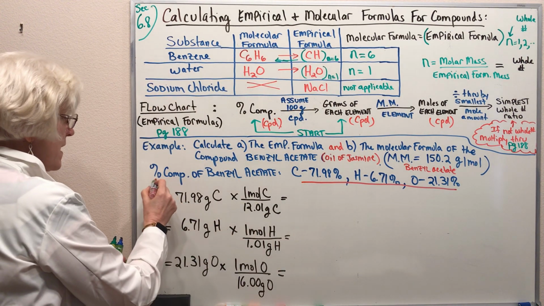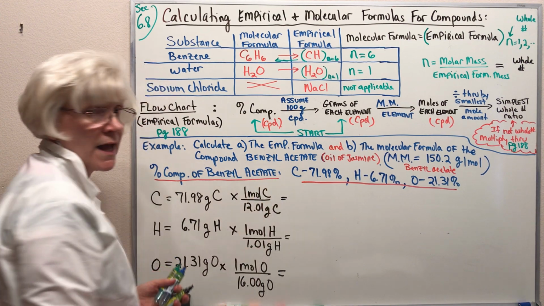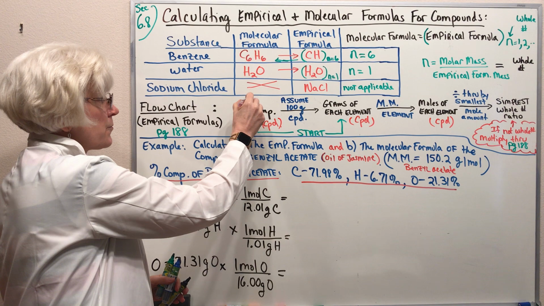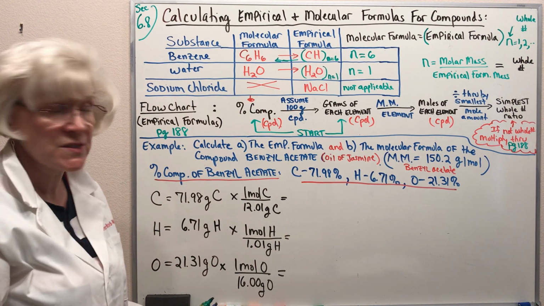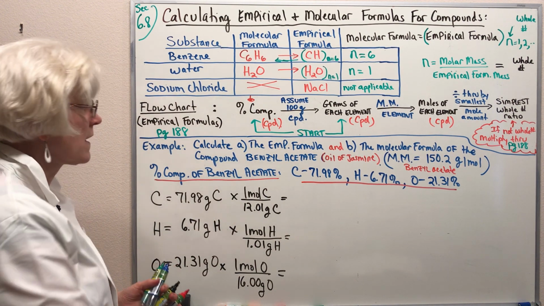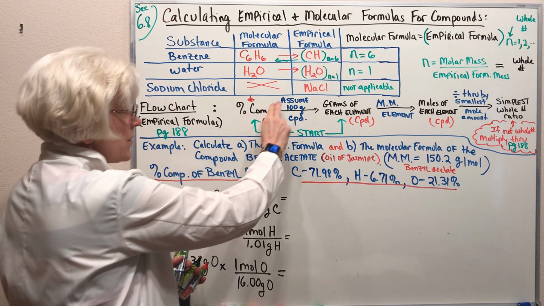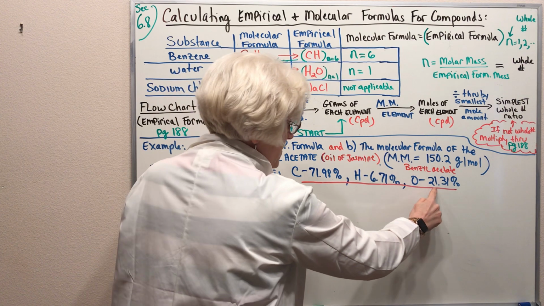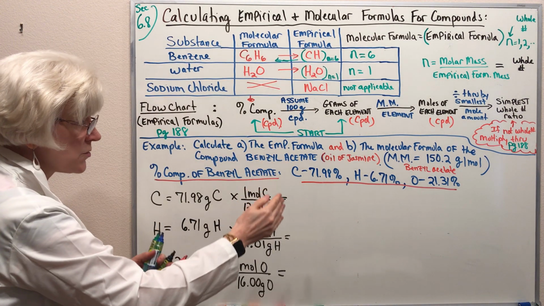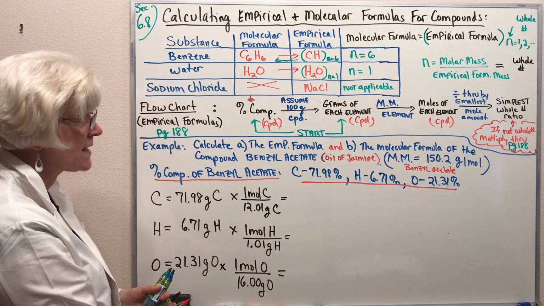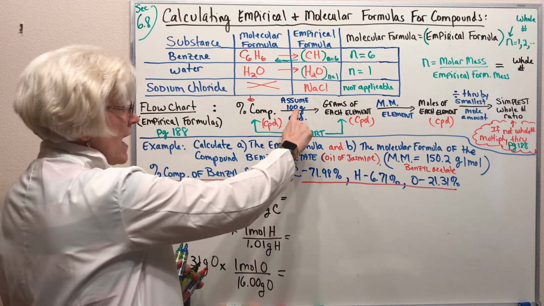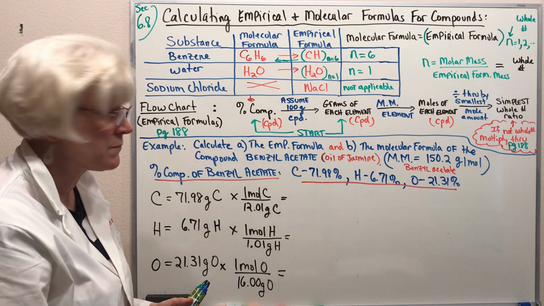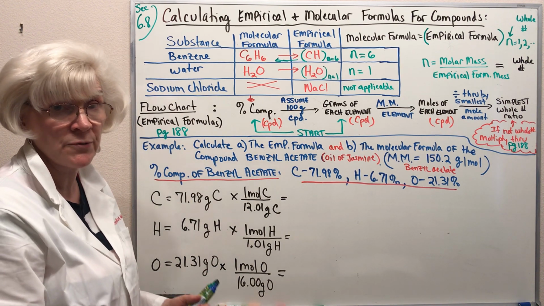I have given the percent composition of benzyl acetate, so we're starting the problem using percent composition data. What are we going to do? We're going to assume 100 grams, and each of these mass percents becomes the actual grams of each element present. In other words, if we had 100 grams of benzyl acetate, we'd have 71.98 grams of carbon present.